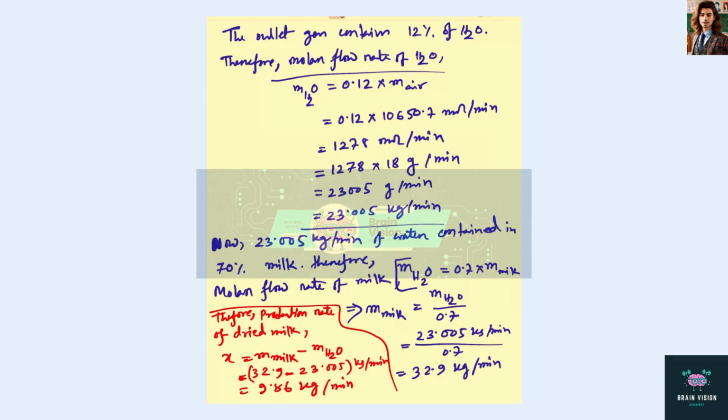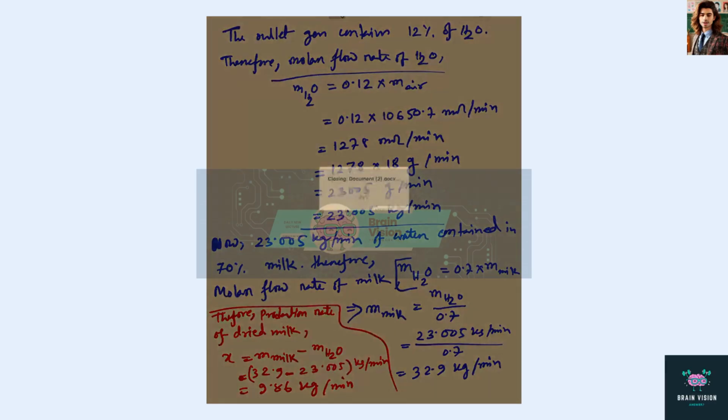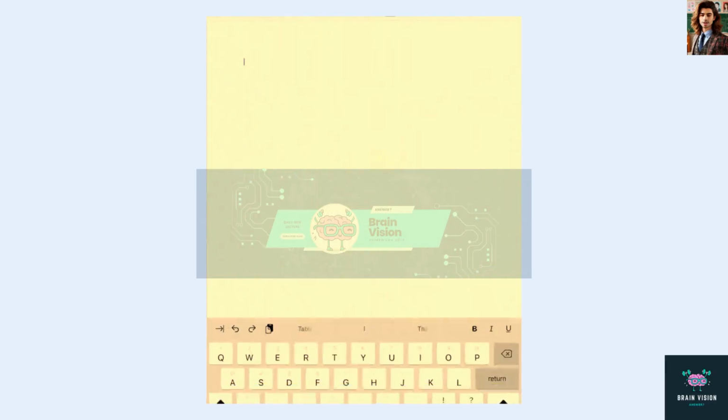Therefore, the production rate of dried milk is 9.86 kg per minute. Next we need to calculate the volumetric flow rate of the inlet air. Let's do that.